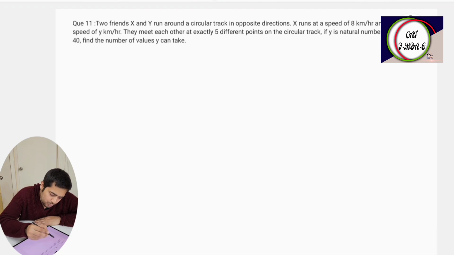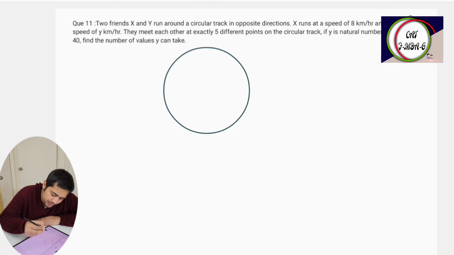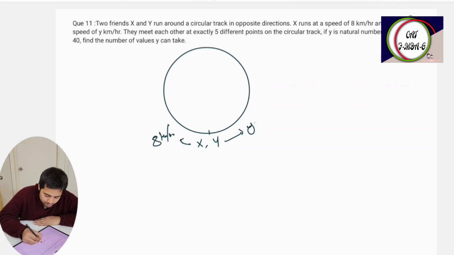Now two friends X and Y run around a circular track in opposite directions. X runs at 8 km per hour, Y runs at 5 km per hour. They meet each other at exactly 5 different points on the circular track.